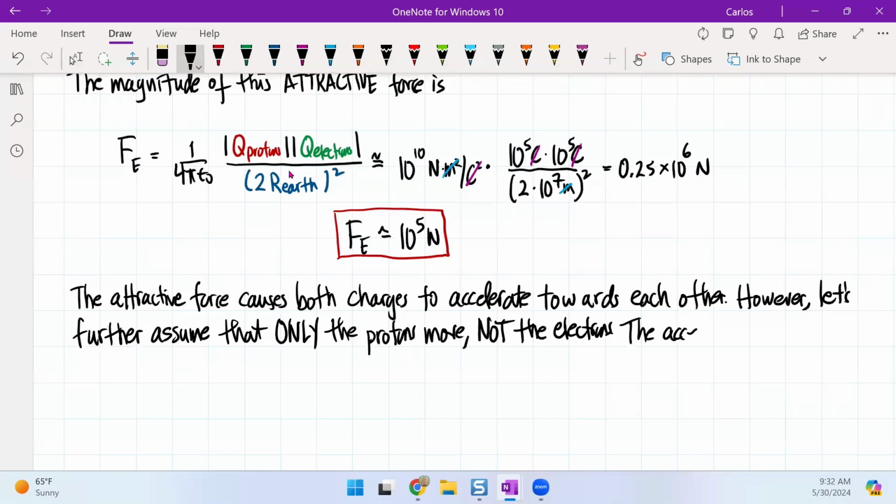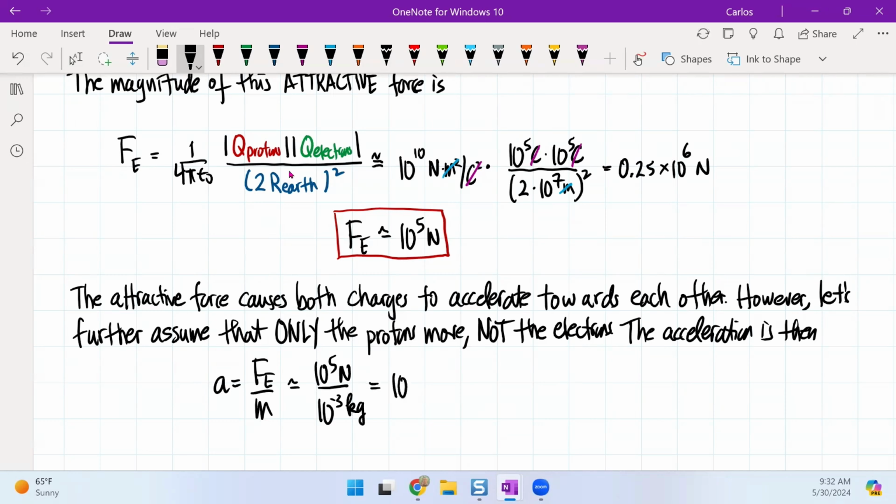The acceleration is then going to be the electric force divided by the mass. And we could then approximate this as 10 to the 5 newtons divided by 10 to the negative 3 kilograms, which then gives us 10 to the 8 meters per second squared for our acceleration.